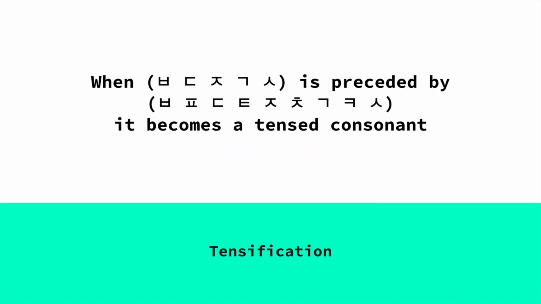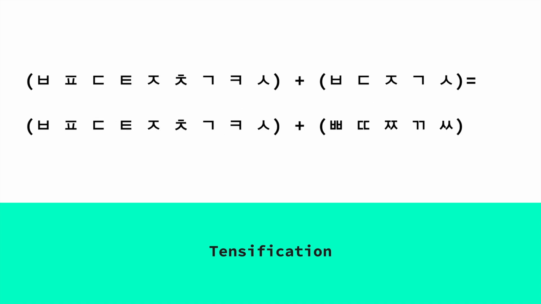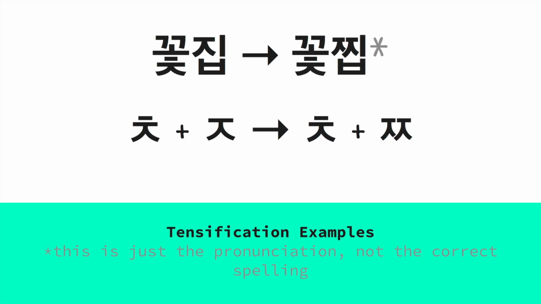Tensification. When these letters are preceded by these letters, the previous letters become tensed consonant. In this example, we have 치읓 that is followed by 지읒. So in pronunciation, 치읓 is followed by 쌍지읒, 꽃집.